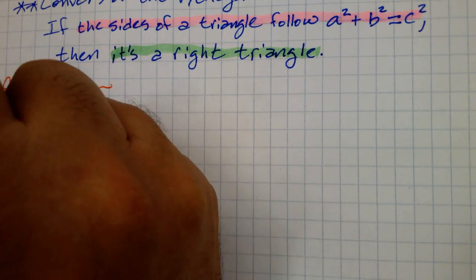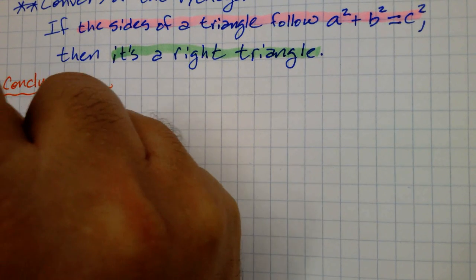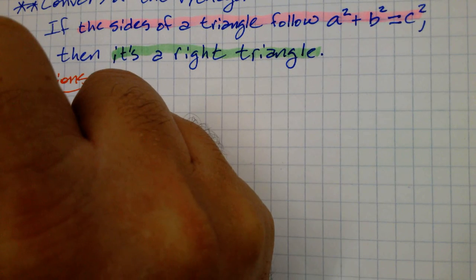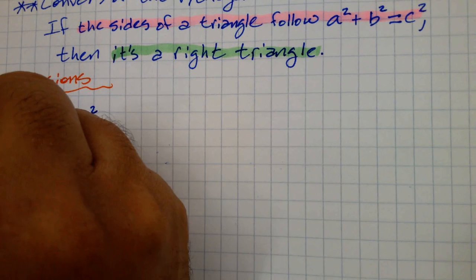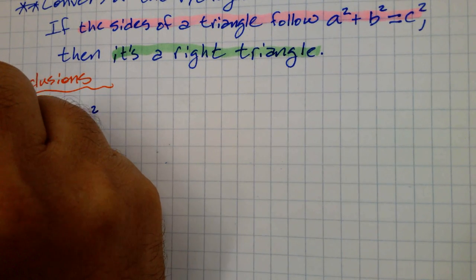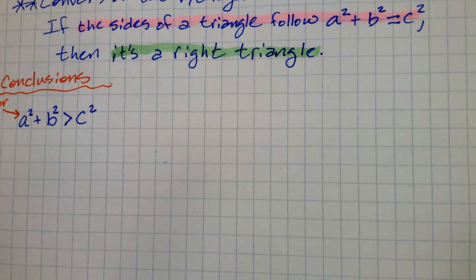Okay, so here we go. Let's say we have a squared plus b squared, and it's greater than c squared. So what we're saying is c is the bigger side. a squared plus b squared is going to be bigger than c squared. Well, turns out that we have an acute triangle.